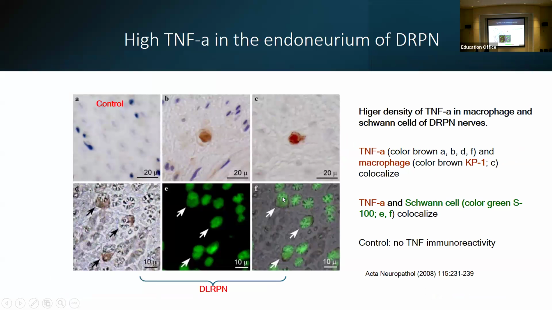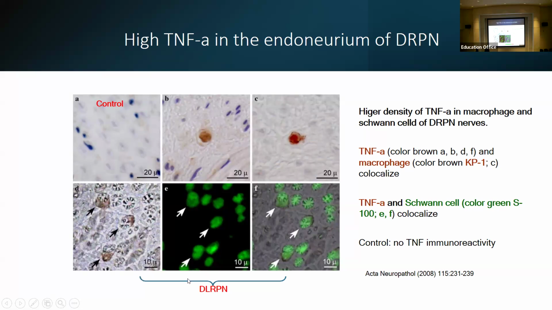And this is done in the same study. Basically, they stained for another inflammatory marker, tumor necrosis factor alpha. This is a control, and from B to F, they are DRPN patients. On the top, in B, it stands for TNF alpha, which is shown as a brown color. And on the right side is macrophage. So they stained with KP1, which is a marker for macrophage, and they say they pretty much co-localize.